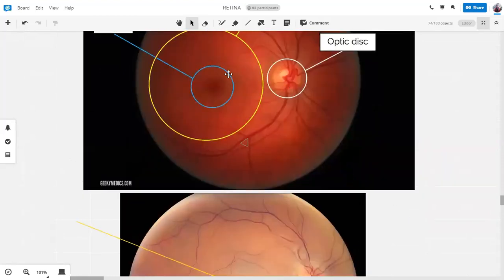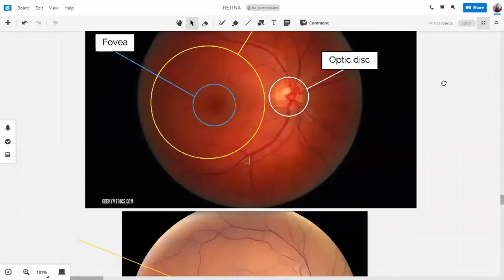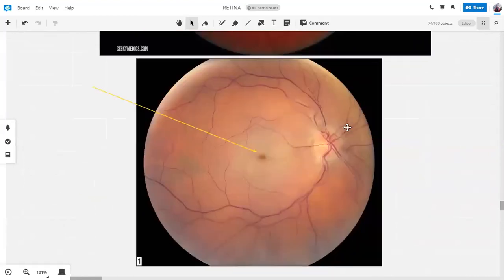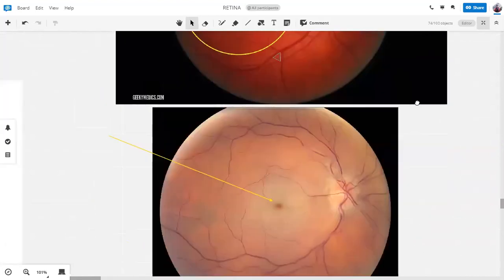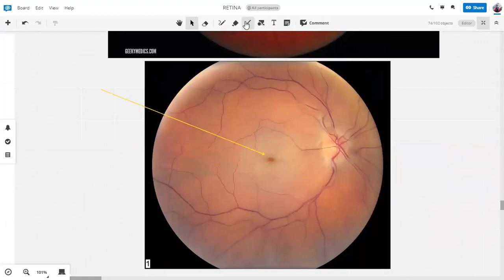Everyone saw that this is the normal perfused retina, and this retina is extremely pale. What else? Vessels are attenuated or constricted. This vessel is small, attenuated, constricted. Generally all of the vessels coming from the disc are attenuated.